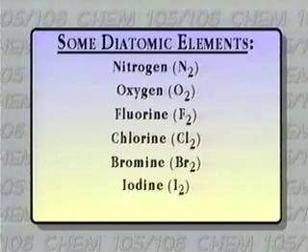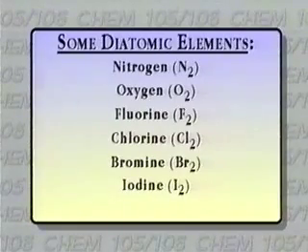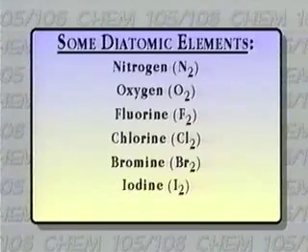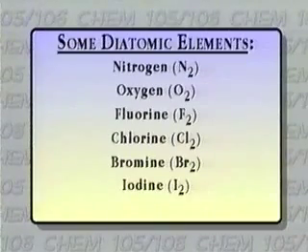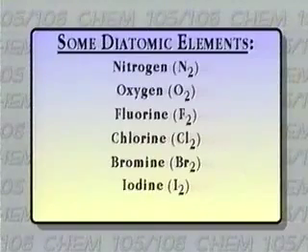Now, element 85, astatine would also be, but it is not one of the elements that we frequently encounter, so we're not going to worry too much about that. Oh, I forgot one. The reason I forgot it is just because of its location on the table. It's not close to the other ones there, and that's hydrogen.